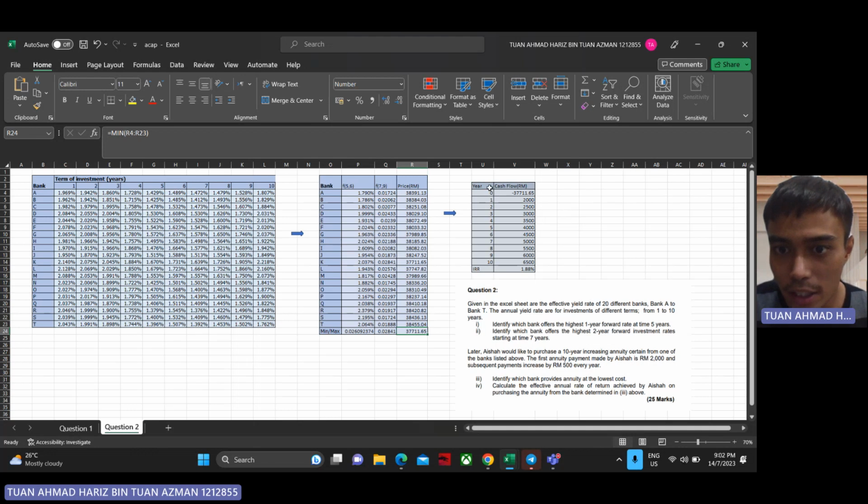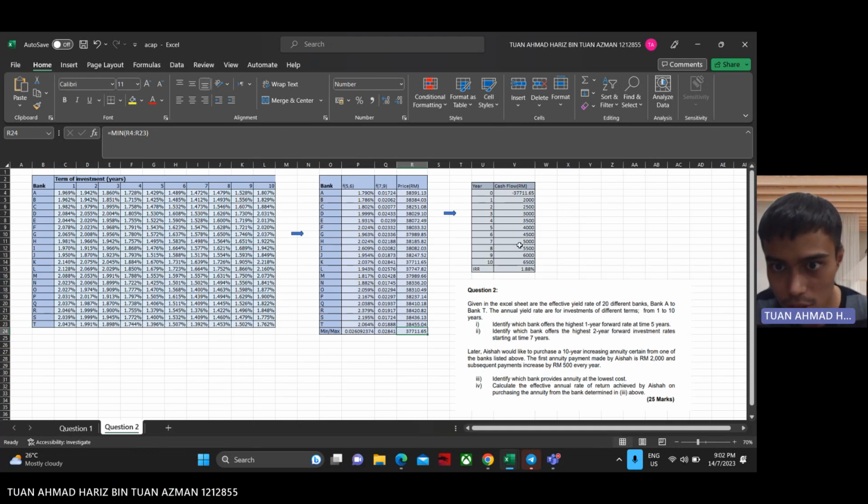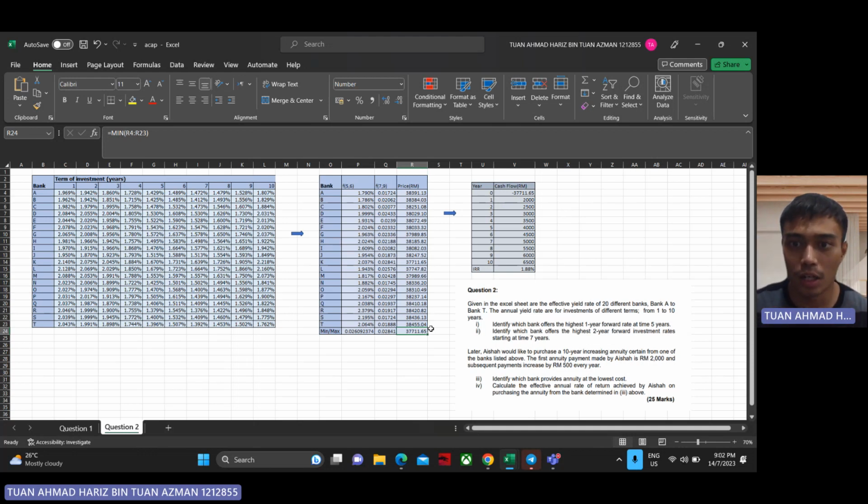So the first column is year, from 0 to 10, and the next is the cash flow. For year zero, our cash flow is our price, which is negative 37,711.765 because Aisha purchased. All right, so the cash flow is out.